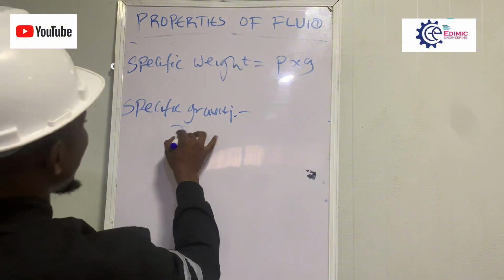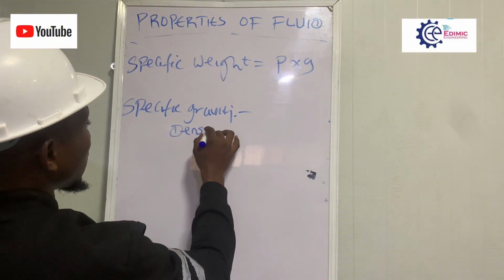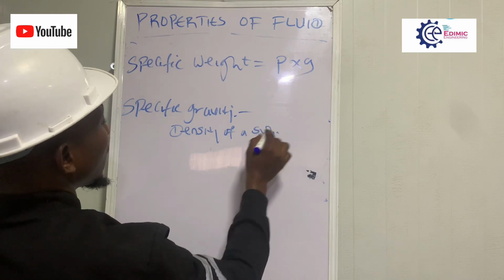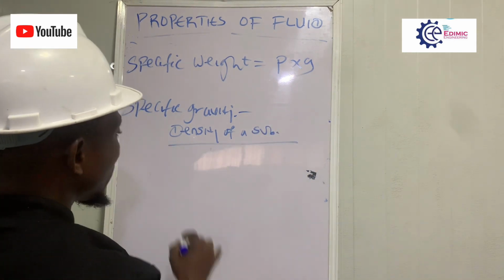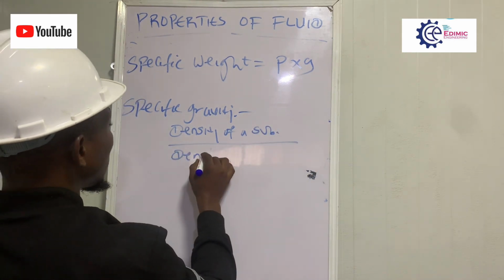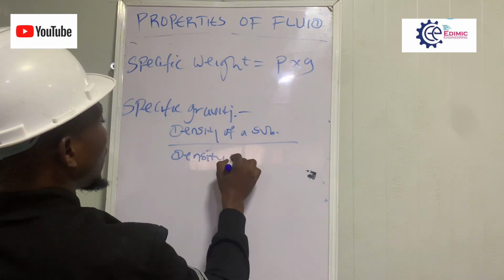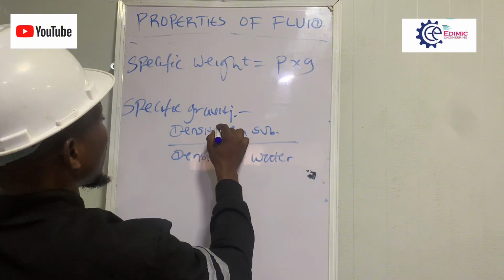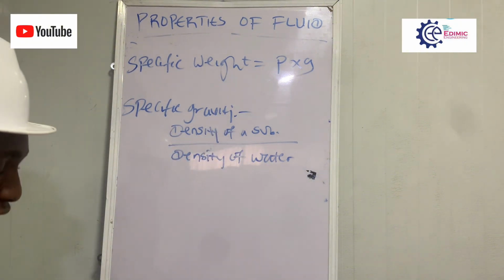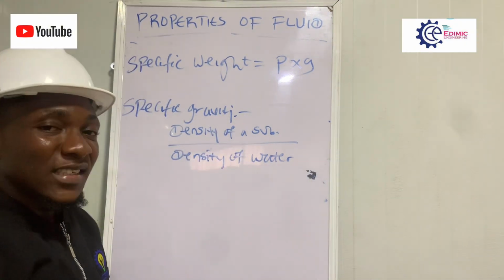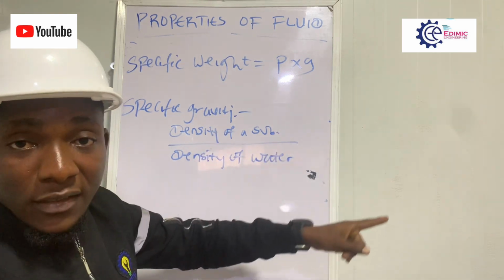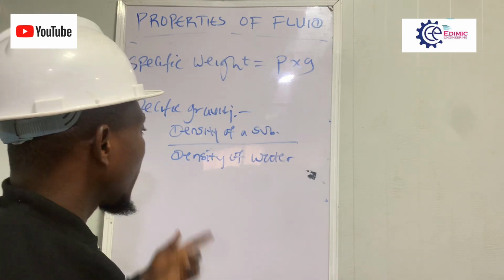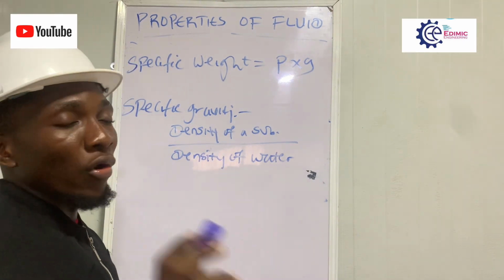For us to get specific gravity, it is the density of that very substance, it might be mercury, it might be any substance at all, over the density of water.